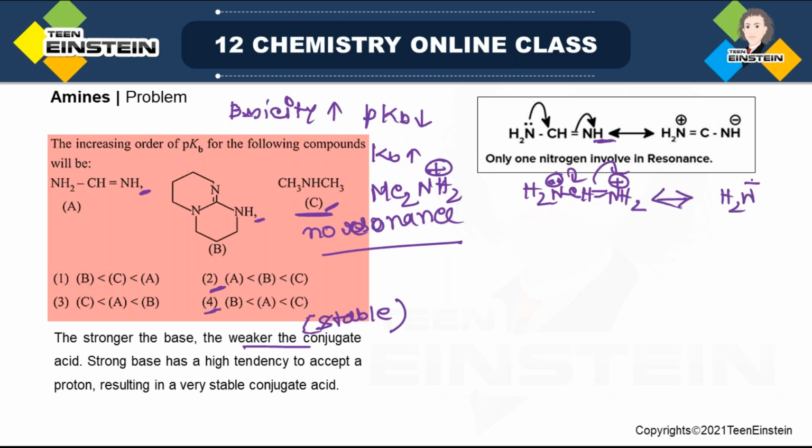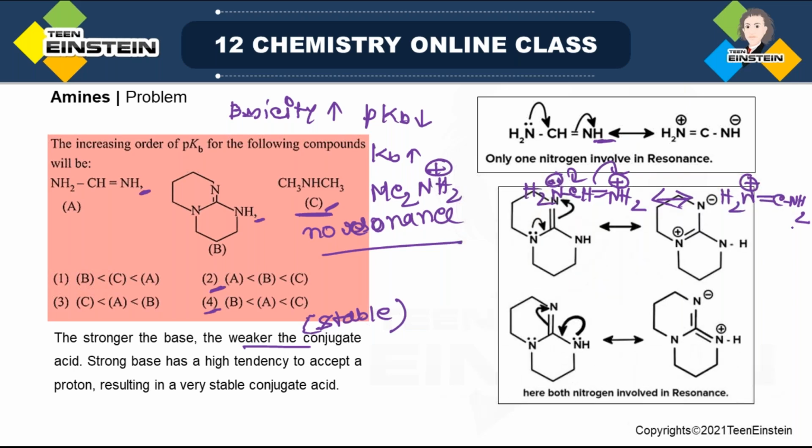You are getting NH2 plus double bond C, and in this case it will be neutral. So you can draw resonance structures both in the conjugate acid as well as in the original base molecule. But see here, resonance is limited to one nitrogen.